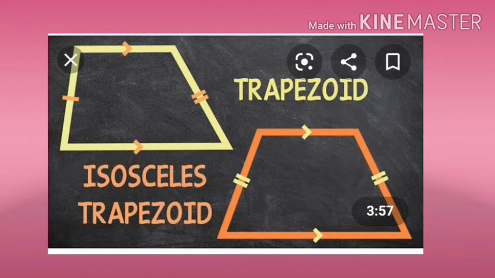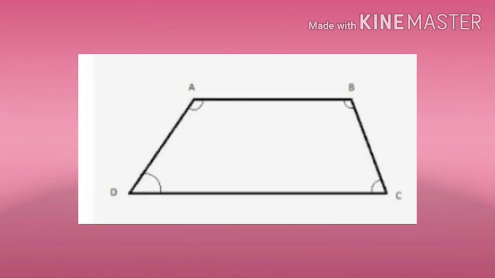When they become equal, it becomes an isosceles trapezium. So this is the property: one pair of opposite sides must be parallel. This is the most important for the trapezium.